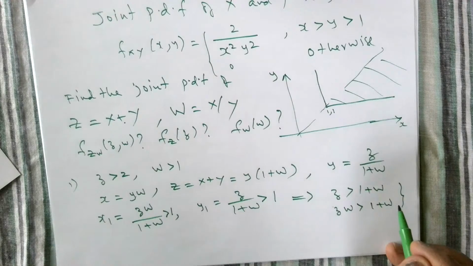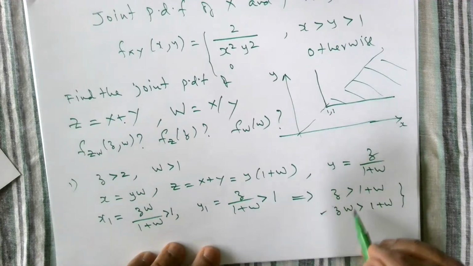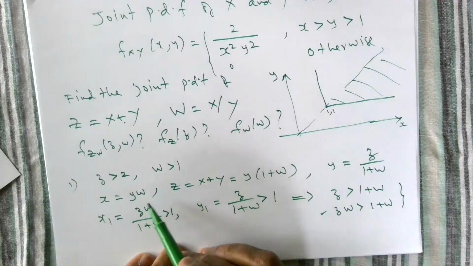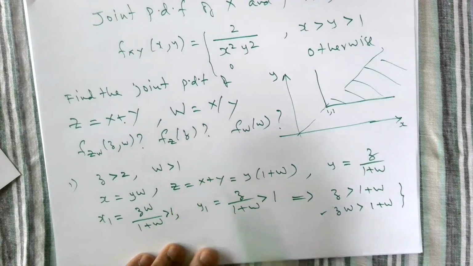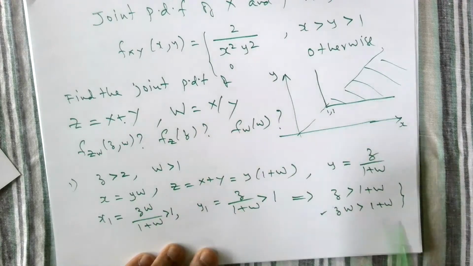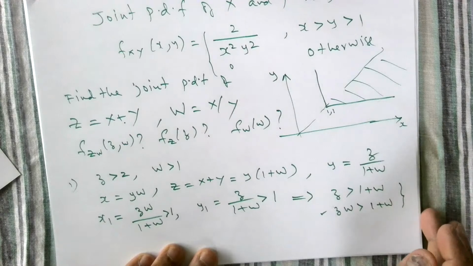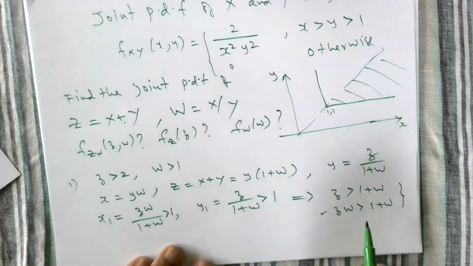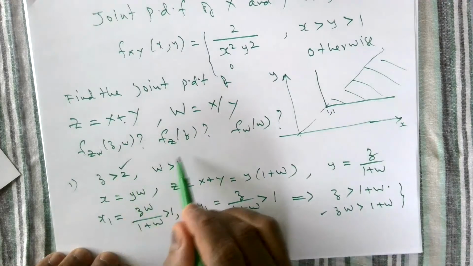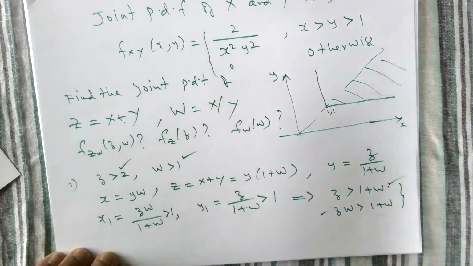If you look at these two, this seems to be automatic because z is greater than 1 plus w, and w is greater than 1. So with this, this is satisfied. So we only need this condition. So the three conditions are from here and this.